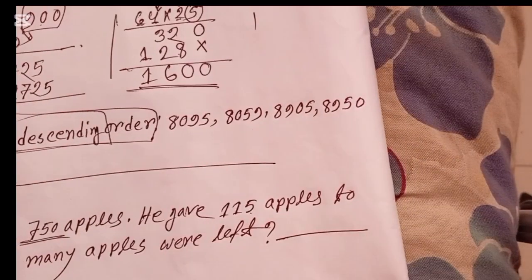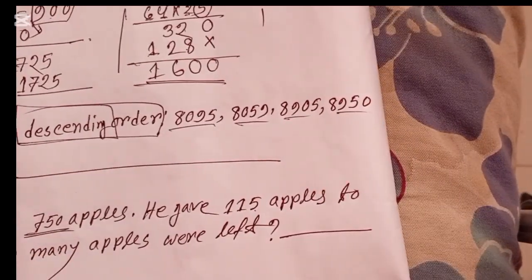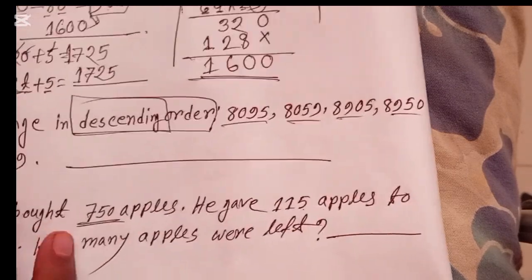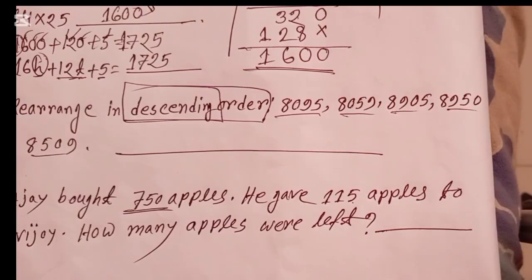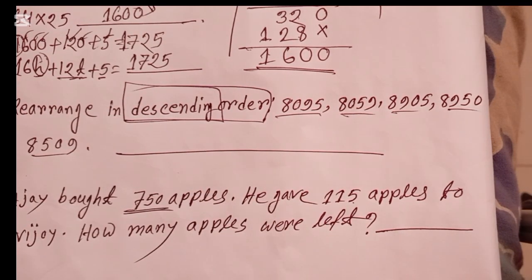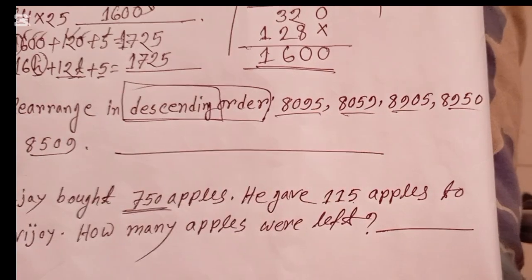You can see there are a total of 5 numbers. So first of all, we have to find the biggest number among these 5 numbers.